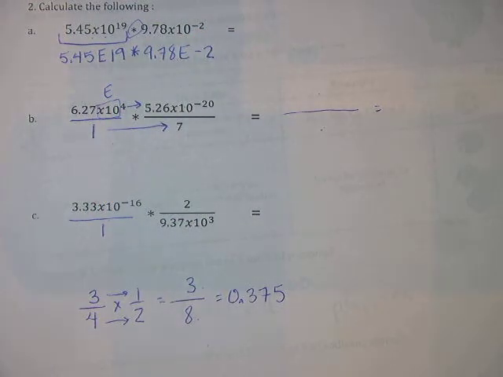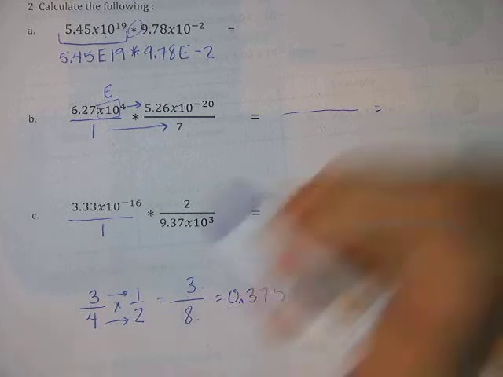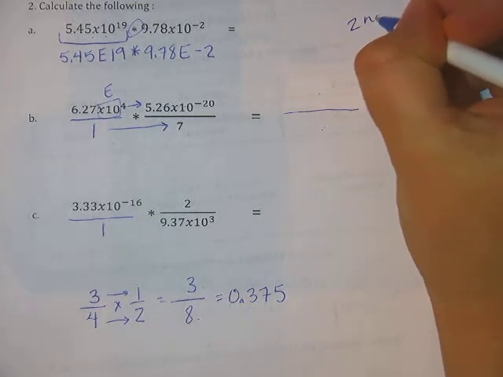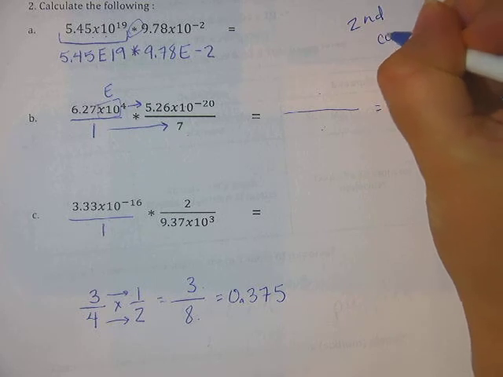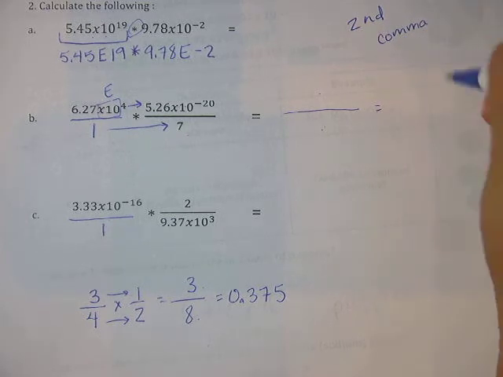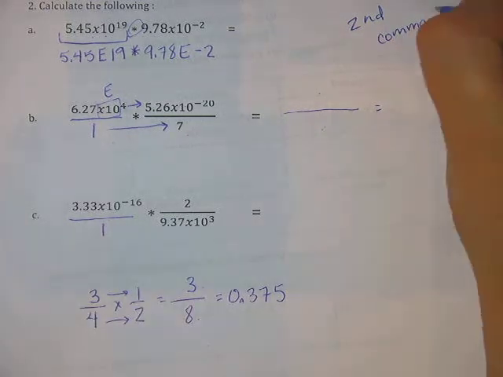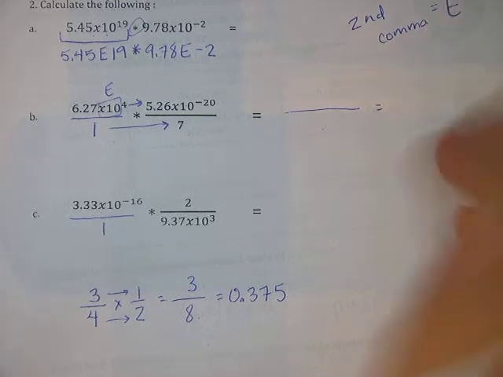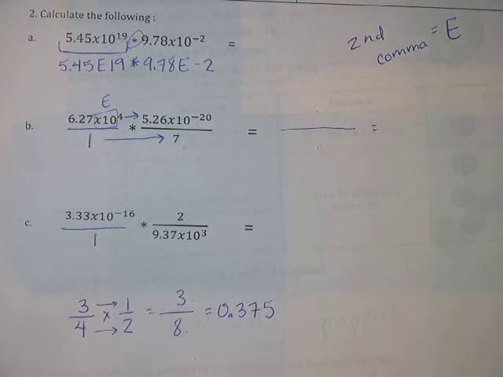Go ahead and type it. Remember, to get the E button, you hit second on your calculator, and then you hit the comma on your calculator. Second comma will get you the E. So 6.27E4 times 5.26E negative 20.